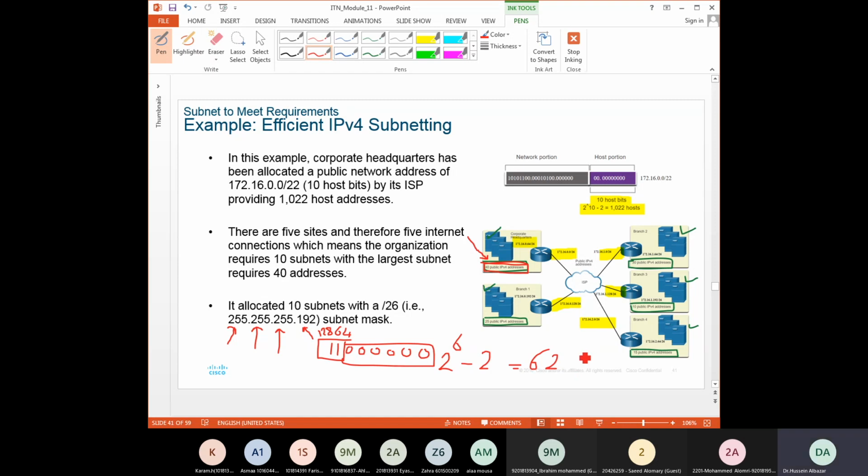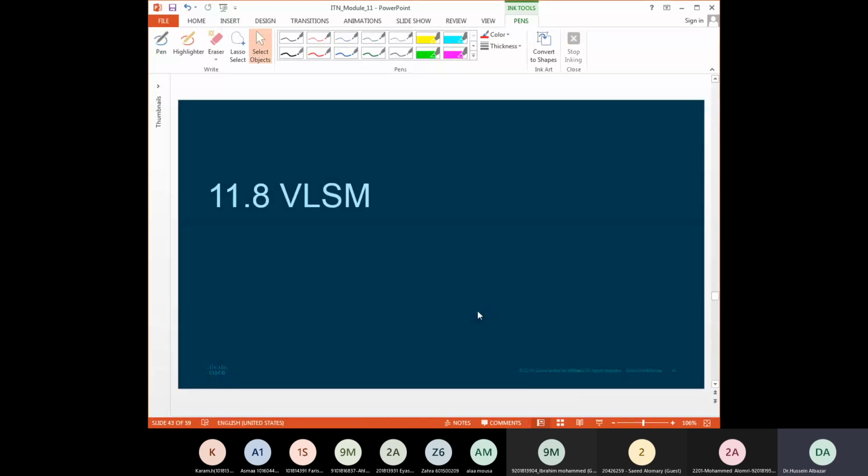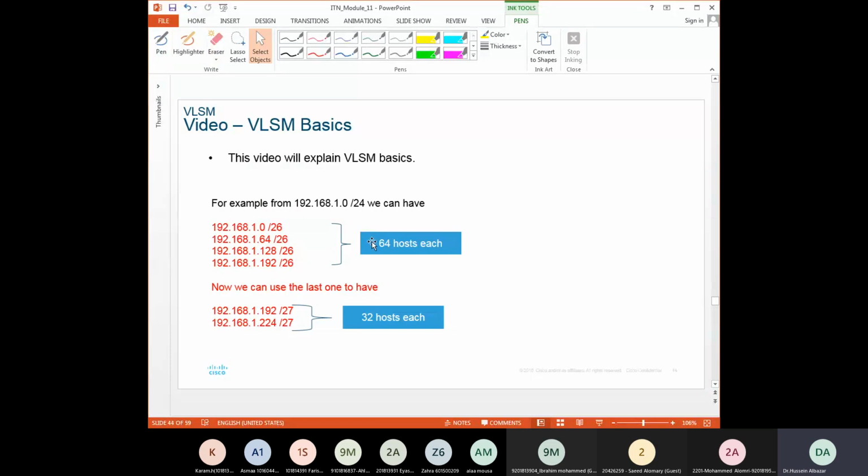We need to focus on this. Look at the name, variable length subnet mask. Variable length subnet mask. What does that mean? If you watch this video from the Net Acad, it will be very clear. Simply, the basics of VLSM are the following.